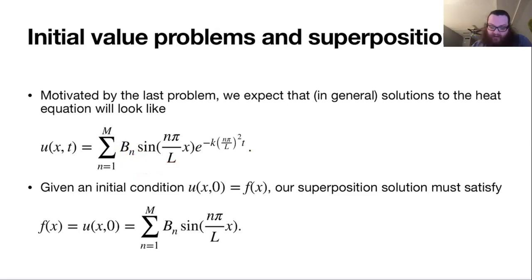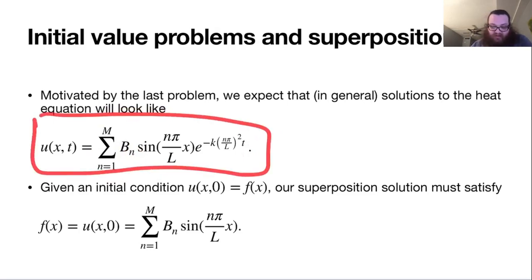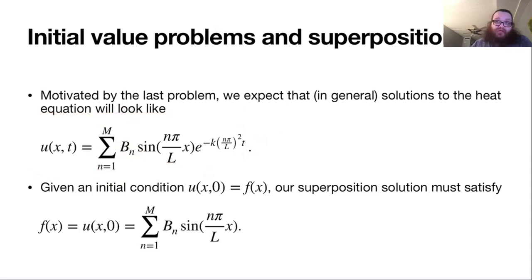We're going to look slightly more generally, and look for these general linear combinations of these product solutions. It's not hard to check. Plug this into the heat equation, it solves the PDE. Plug in the boundary conditions, x equals 0 and x equals L. This whole thing is going to be 0 at both of those places.